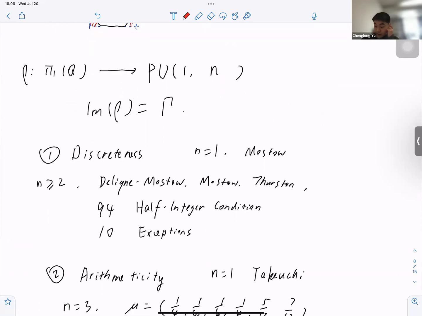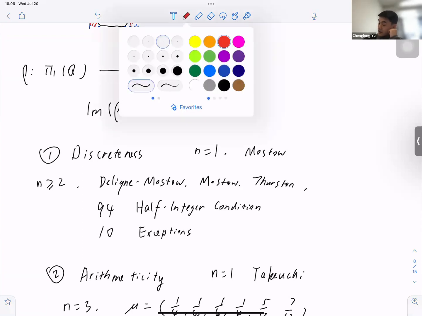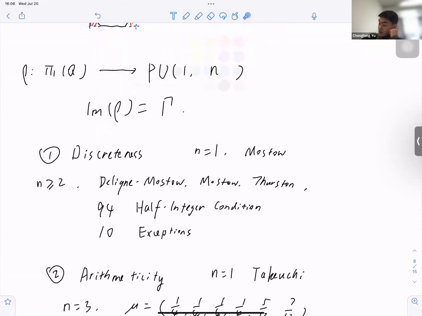So the first criterion for discreteness, or complete list for discreteness, was obtained by Deligne-Mostow, the paper, and also later Mostow's paper. And Thurston also gave another interpretation. Thurston's paper was published in the 90s, I think.